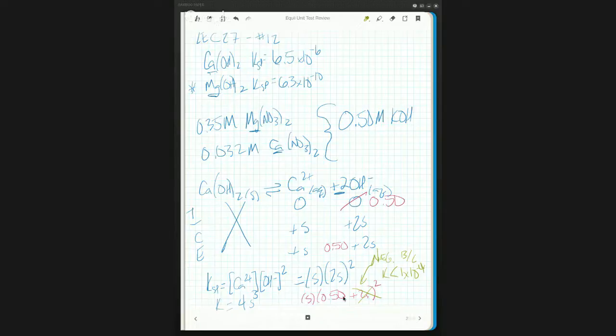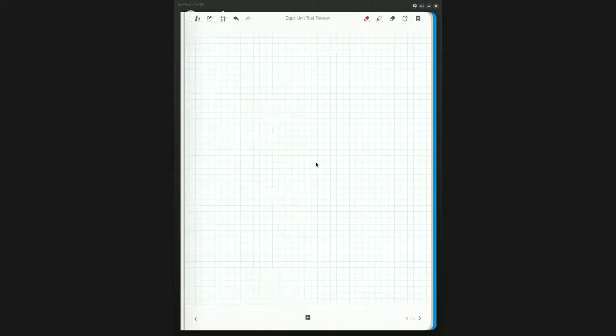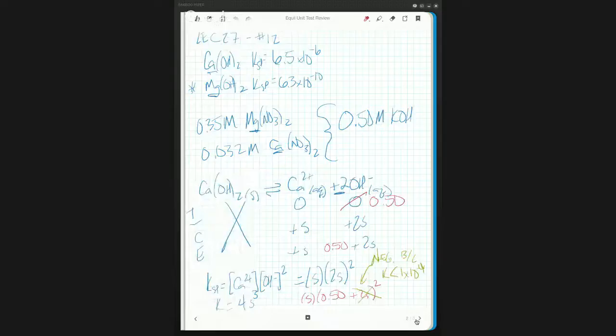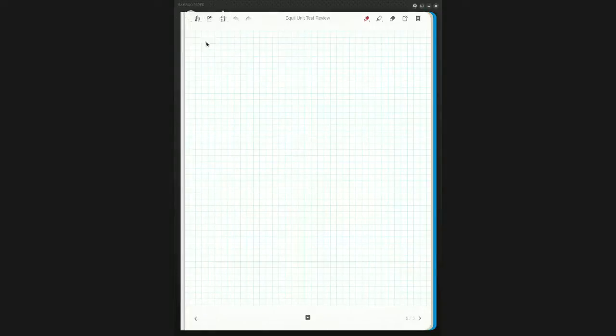Which means that it's S times 0.50 squared is equal to K. So now if I'm going to solve this, I have the K for calcium hydroxide, right? Yes. Okay. So 6.5 times 10 to the negative 6th is equal to S times 0.50 squared.